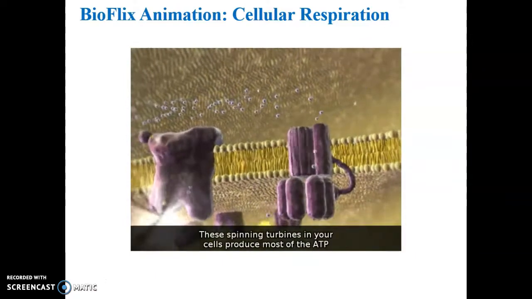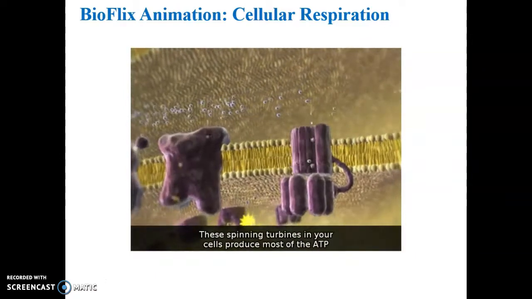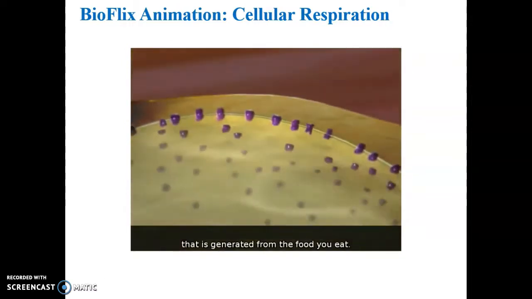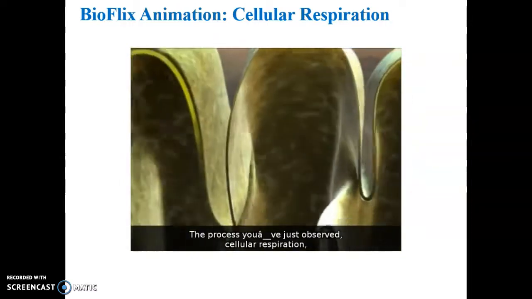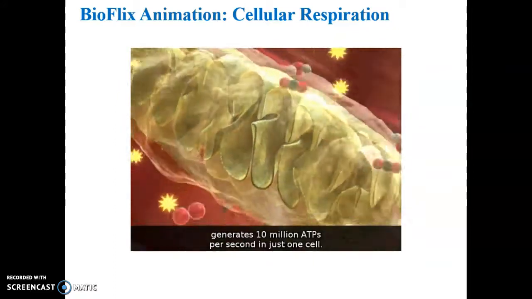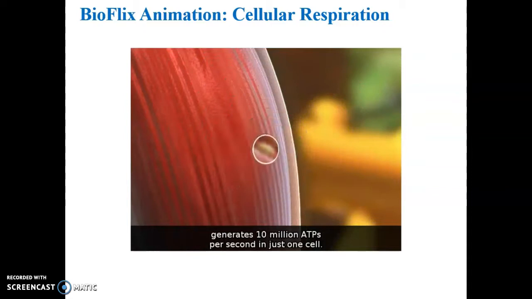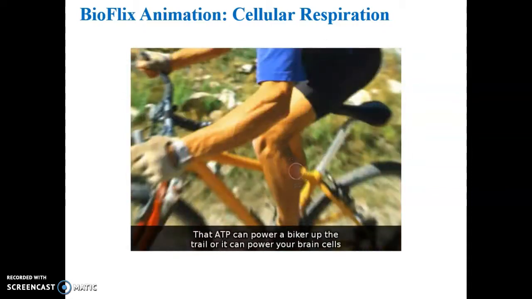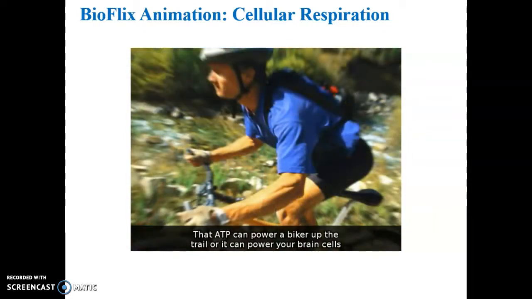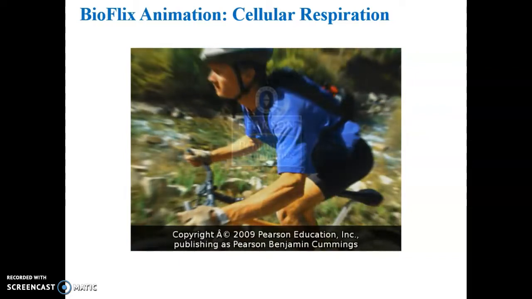These spinning turbines in your cells produce most of the ATP that is generated from the food you eat. The process you've just observed, cellular respiration, generates 10 million ATPs per second in just one cell. That ATP can power a biker up the trail, or it can power your brain cells as you learn challenging biology topics.